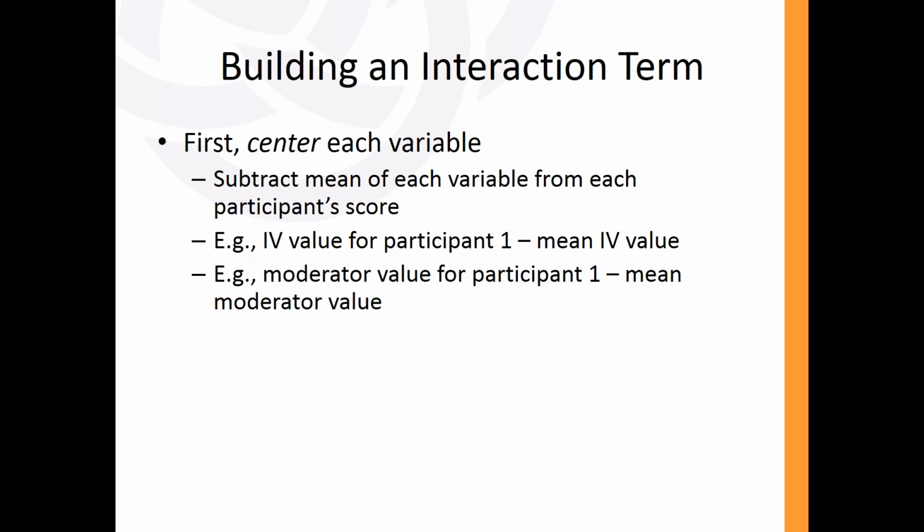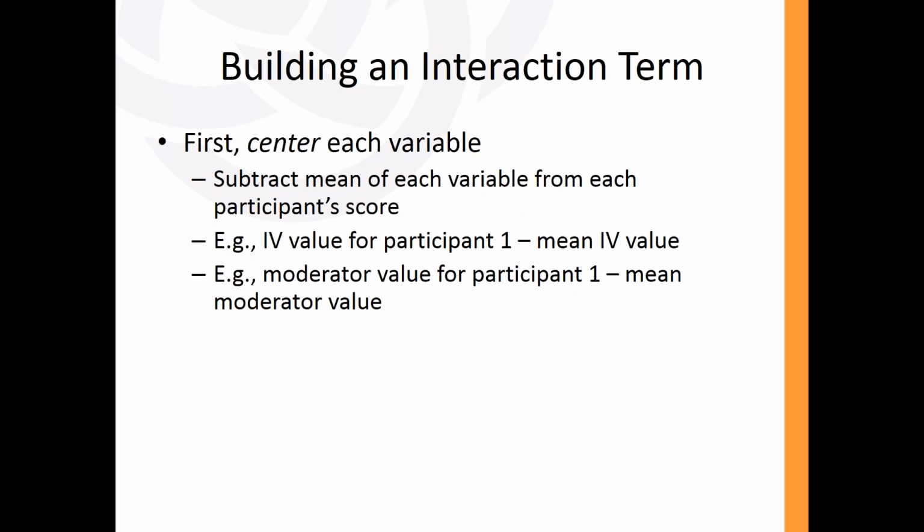And the first piece is that once you have all your data and you're in the analysis phase, you subtract the mean of each variable from each participant's score. So for example, you have an independent variable, like in this case, stressor severity, and there's going to be some mean for all your participants, right?